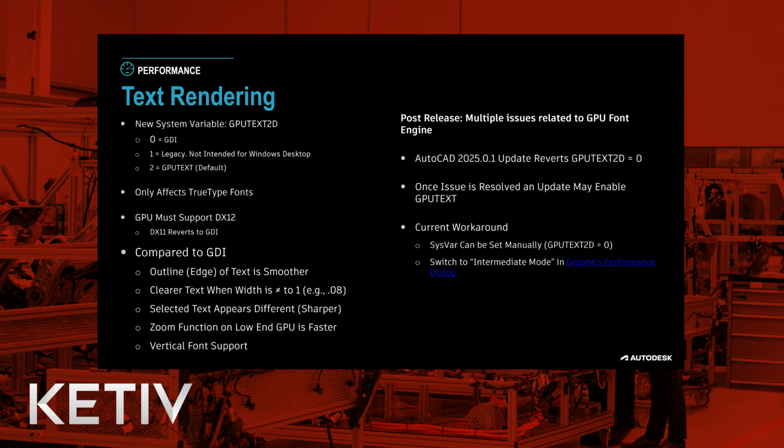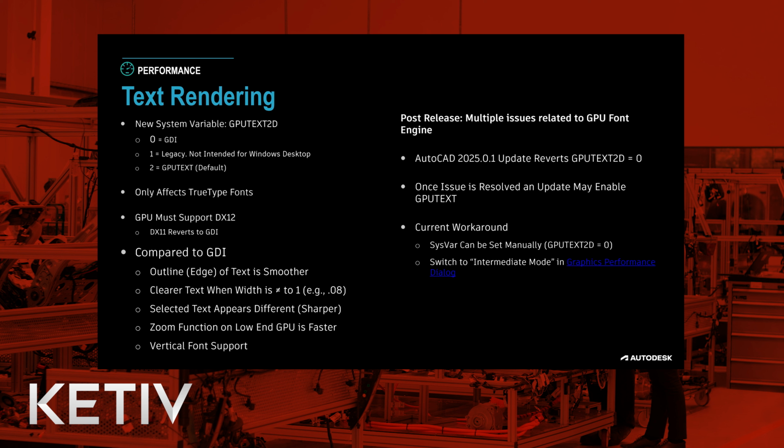This affected mainly custom fonts, so your typical system fonts really weren't affected. So most of you, if you've installed that update or have installed AutoCAD anytime after mid-April, will probably have GPUTEXT2D disabled, or equaling 0.